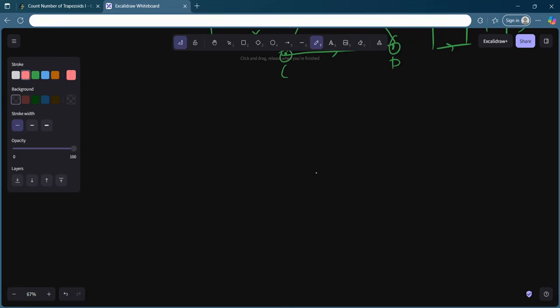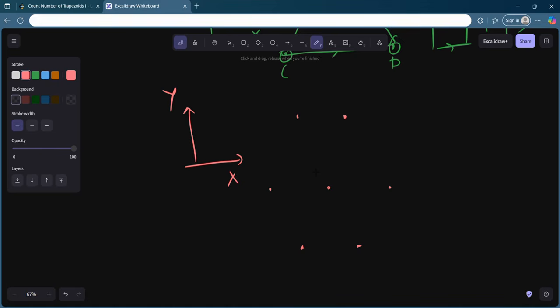So I am telling you a test case and you will try to tell me how many horizontal trapezoids there are. Let's say these two are the lines which are parallel to the x-axis. This is the line, and let's say I have these two again and I have another 2 points. If this is the x and y axis, can you tell me how many trapezoids can be formed from here?